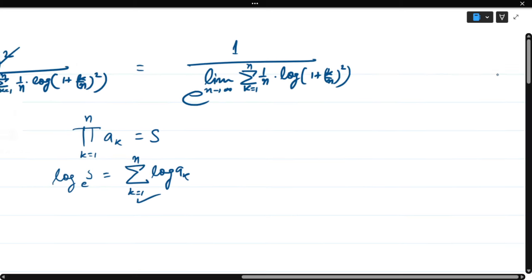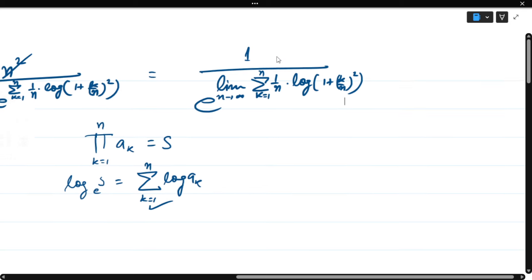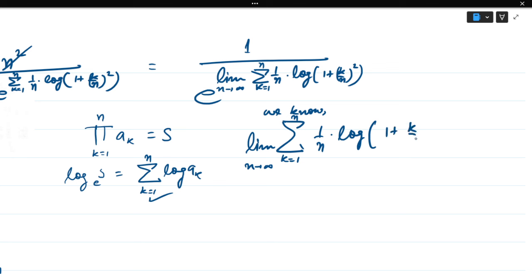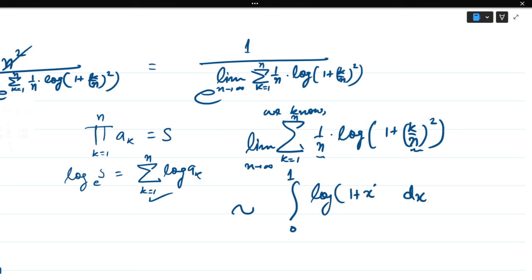Now by the property of the Riemann limit of integration, we know that this summation can be converted into the definite integral from 0 to 1, where 1 by n changes to dx, k by n is replaced by x, so it will be log (1 plus x) square.